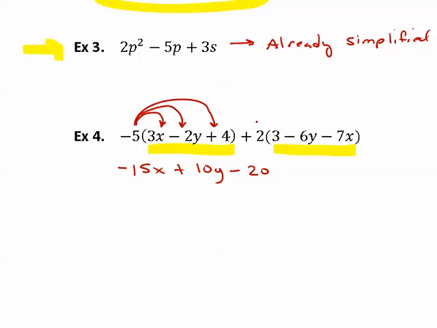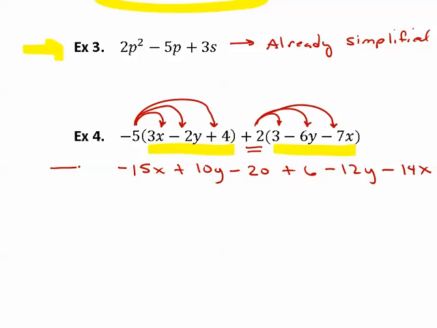So now we can distribute across the second term. Now again, this is not just a 2, but it's a positive 2. So positive 2 times 3 is a positive 6, and a positive 2 times a negative 6y is a negative 12y, and a positive 2 times a negative 7x is a negative 14x.